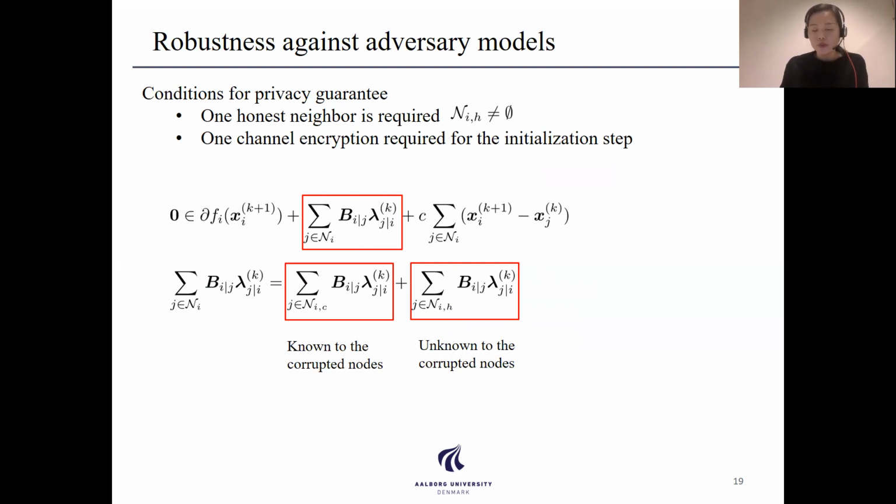In addition, to be robust to the eavesdropping adversary, as long as we make sure that lambda 0, the initialized dual variable, is not eavesdropped, then everything conducted afterwards is safe from eavesdropping, so the privacy will not be affected. Overall, we require one honest neighbor, and we require one channel encryption to encrypt the initialization step.